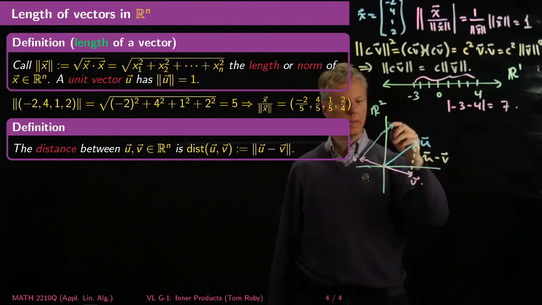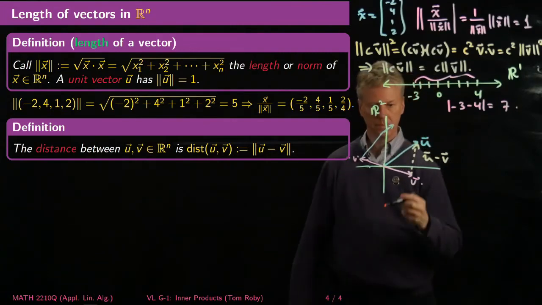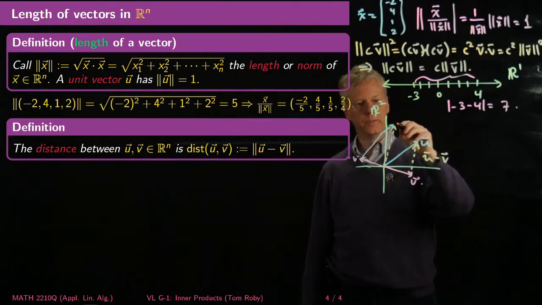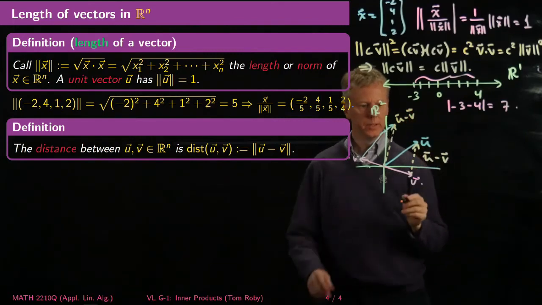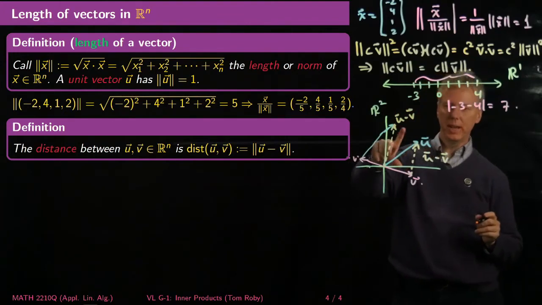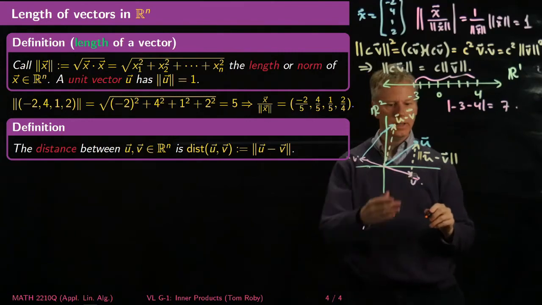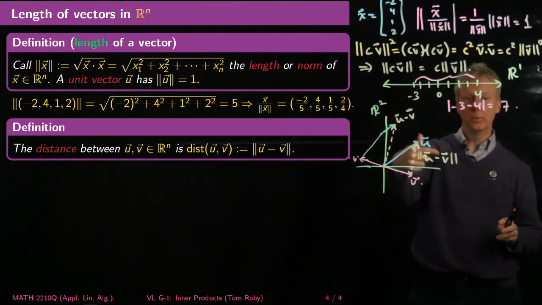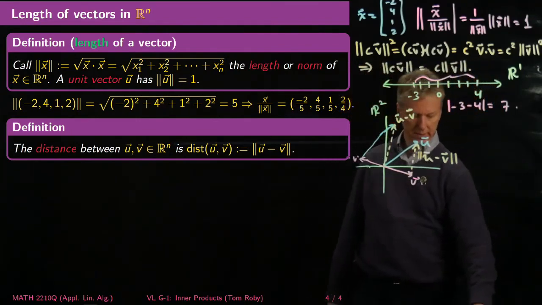So u minus v is really this vector, which is the same as this vector. It's the same length and parallel. So this distance has the length of u minus v. It's the length of the side of this triangle when I look at the vectors defined by u and v. And so that's the distance.